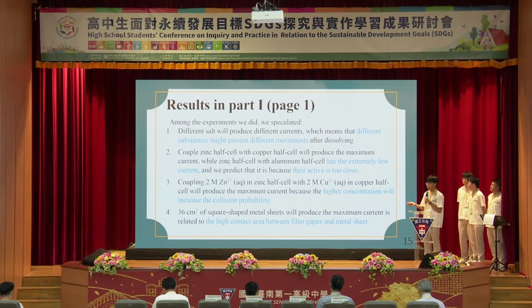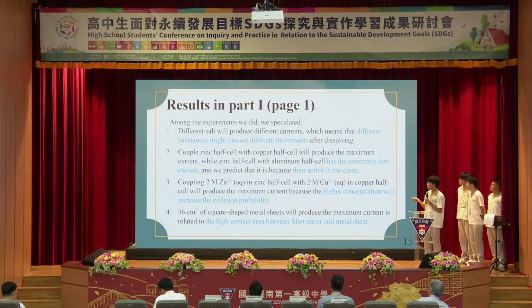Among the experiments we did, we speculated, first, different substances might present different movements. Second, the zinc half cell with the aluminum half cell has extremely low current. We predicted that it is because their activeness is too close.